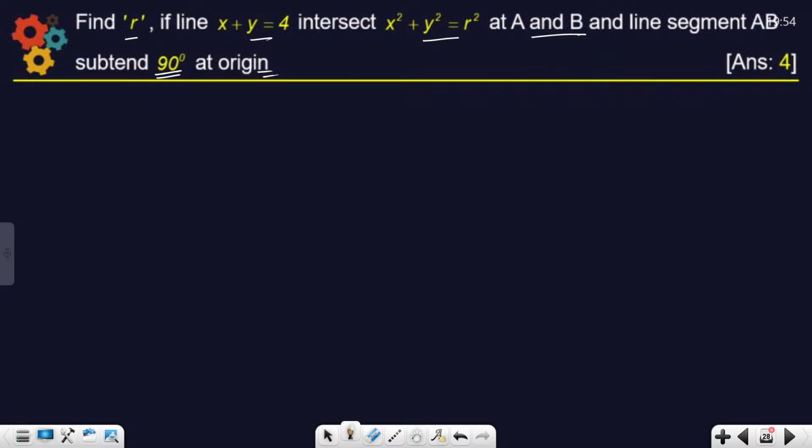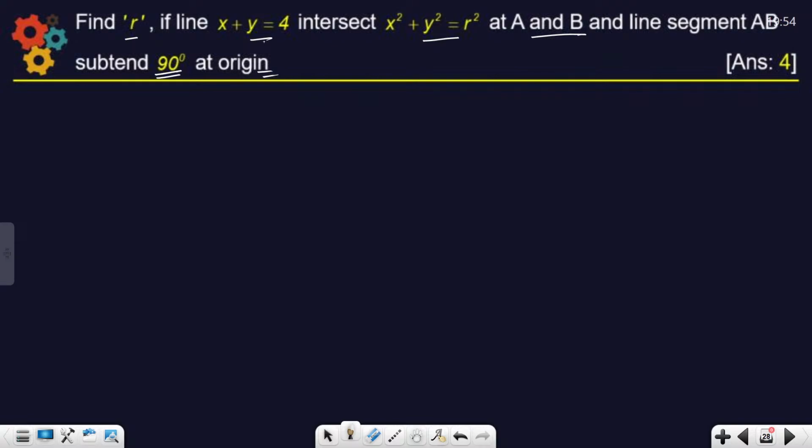So they are forcing you to add the coefficient of x square and the coefficient of y square to 0, because a plus b is 0 implies that the angle made at the origin is 90 degrees. That's exactly what they want. So remember this very, very carefully.